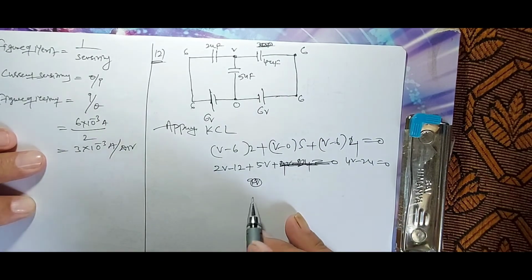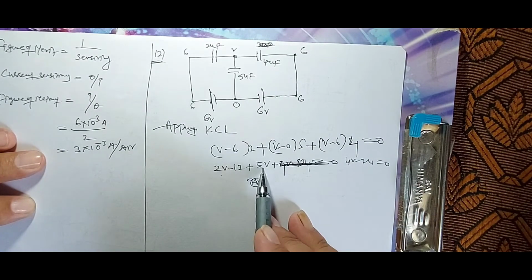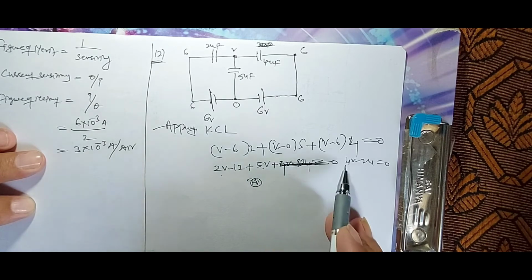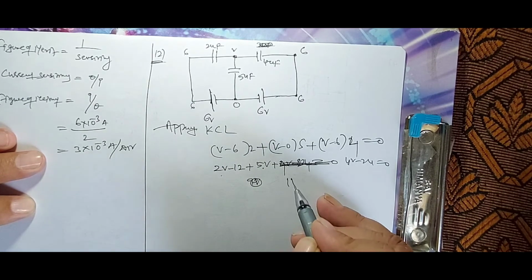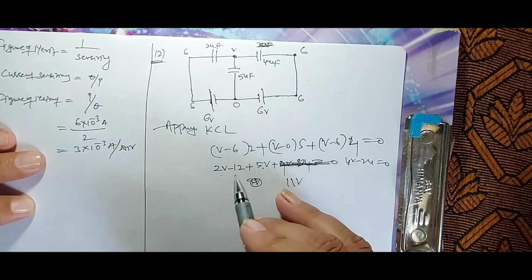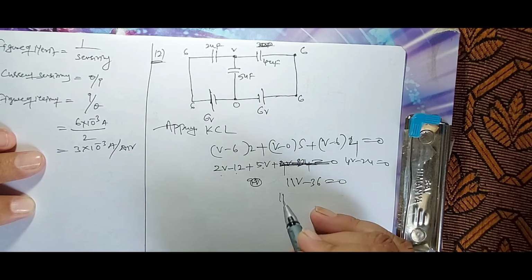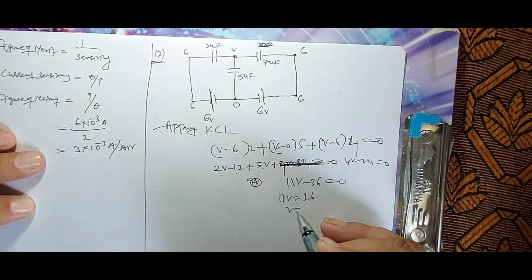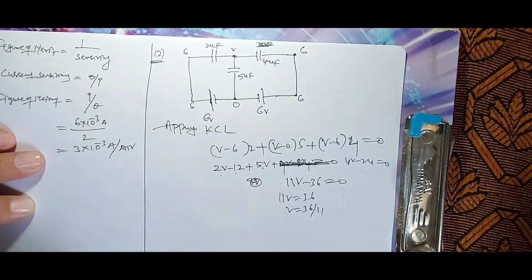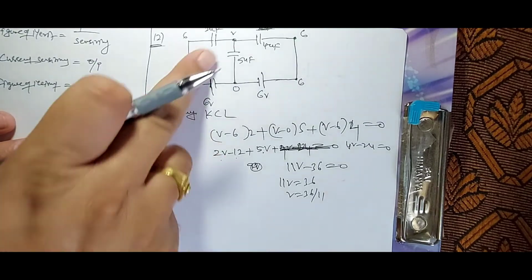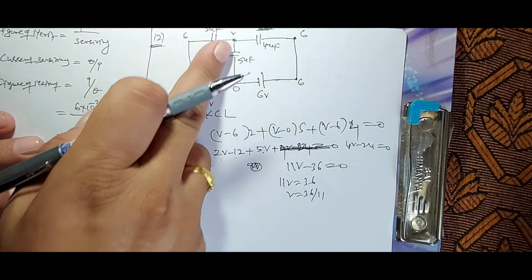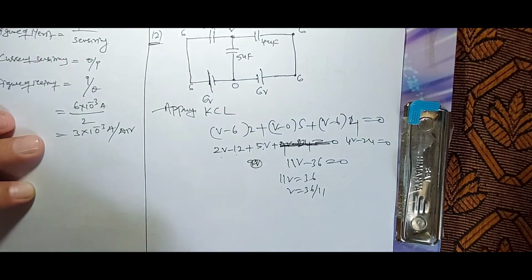So what is the total voltage here? 2V plus 5V is 7V, plus 4V is 11V, minus 12 minus 24, minus 36, is equal to 0. 11V is equal to 36, V is equal to 36 by 11. So the potential difference across the 5 microfarad capacitor is 36 by 11.